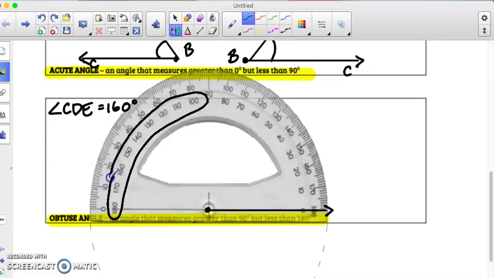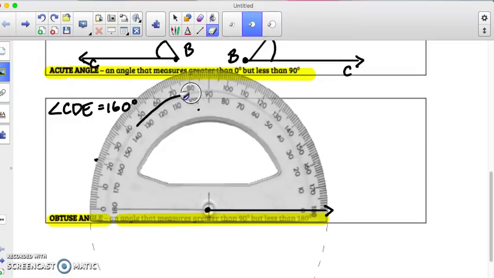Okay, because I want it to be an obtuse angle, right? It has to be greater than 90. So I'm looking for where 160 degrees is. So it's right here, and indicate that on your page by putting a mark right where 160 degrees is. Okay, so you do the same thing as well. Now I'm going to erase this so it's not confusing.